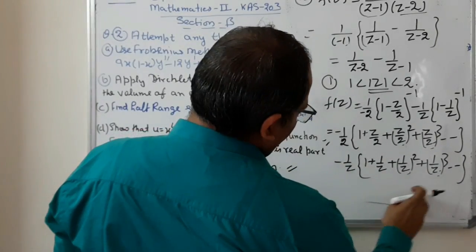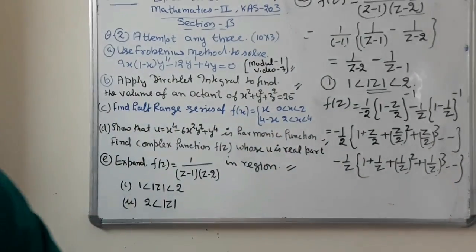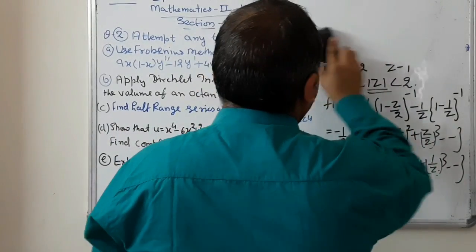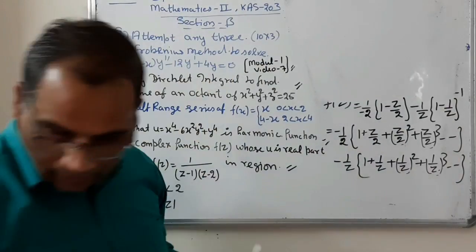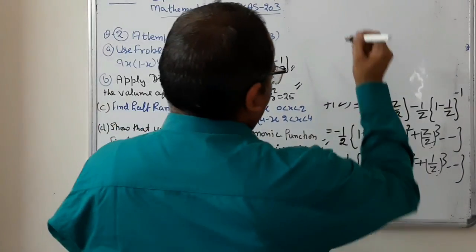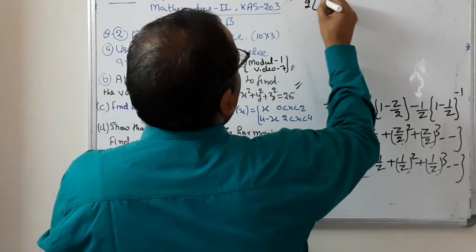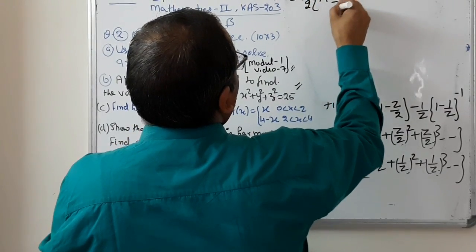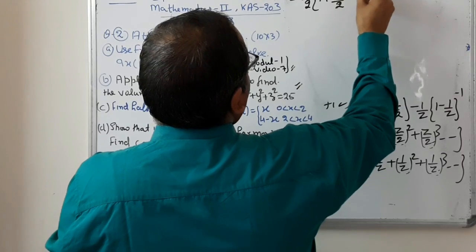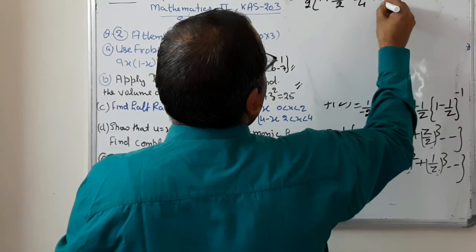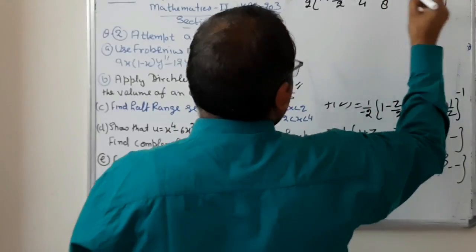So multiplying, we can write this as minus 1 upon 2 times (1 plus z upon 2 plus z square upon 4 plus z cube upon 8 and so on).